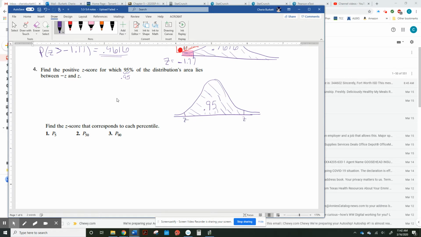Okay, so we need to focus on, because we can only do area to the left, and the area to the left, if we're using, I'm sorry, let me verify. If we're using StatCrunch, we can do 0.95. Let's just go ahead and do that. We can use StatCrunch.